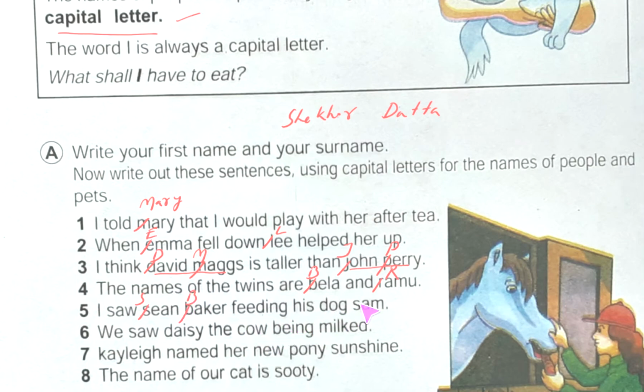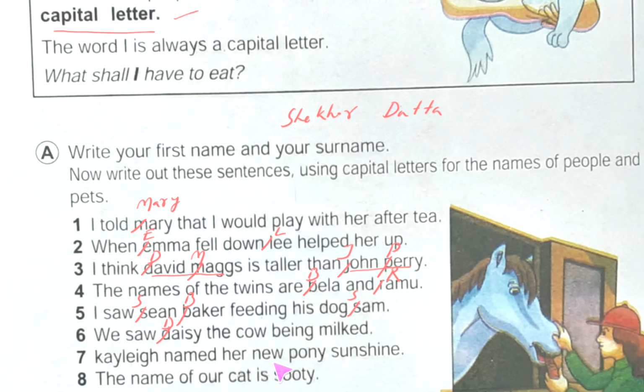Feeding his dog Sam. Sam is the name of a pet, so it will be capital also. We saw Daisy the cow being milked. Here Daisy's D will be capital and the cow being milked. Okay, so there is nothing else, but only we should make this one capital.